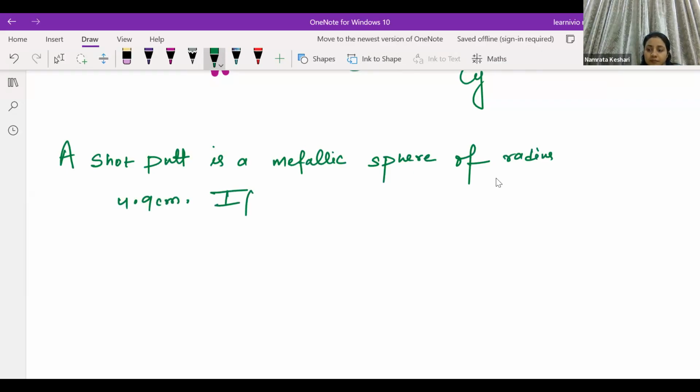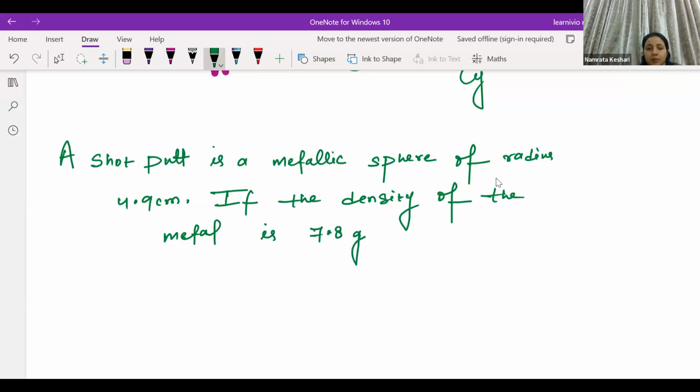If the density of the metal is 7.8 gram per centimeter cube, find the mass of the shot put.